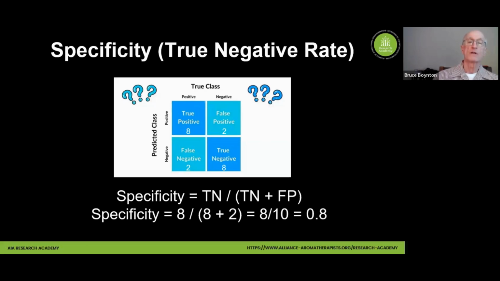So here we have 8 over everything in this column. 8 plus 2 is 10. So 8 over 10 is 80%. That's pretty specific. It's accurate. 4 times out of 5, it will correctly identify if you do not have the condition.